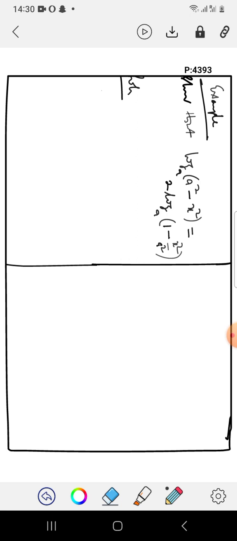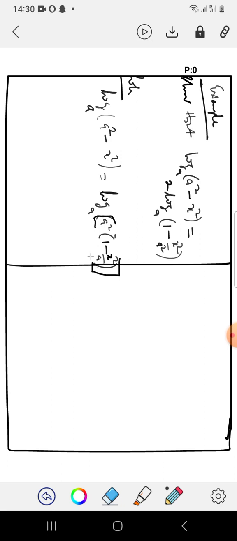The solution says log base a of (a squared minus x squared) is actually the same thing as, without changing anything, we can put a square bracket here, bring out a squared, and this will be 1 minus x squared over a squared. That's actually not difficult; we have applied something like this before.